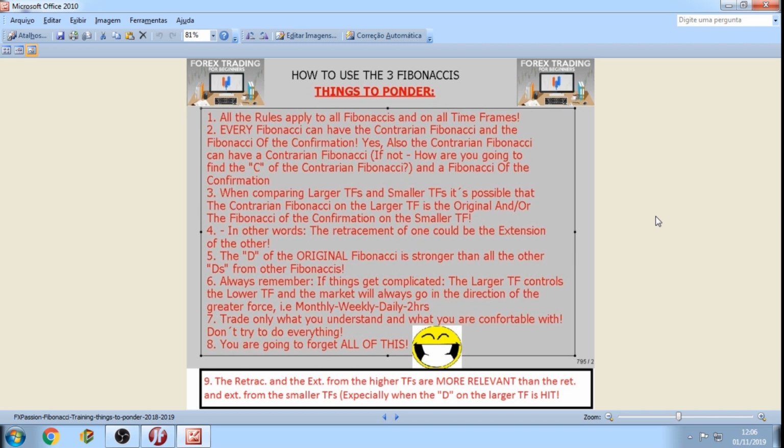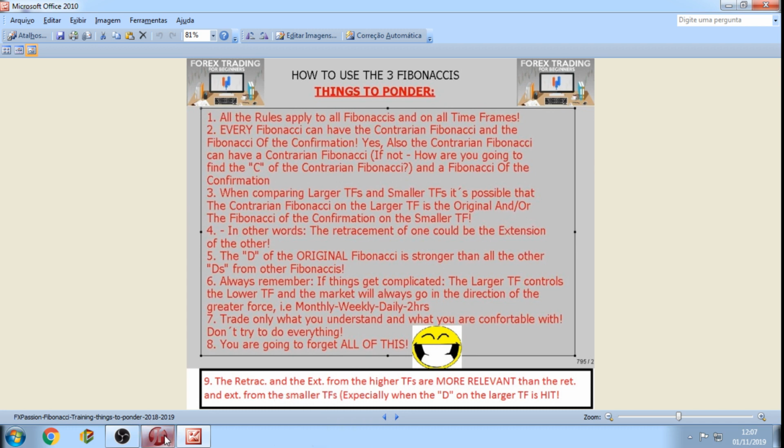But we add one more, number 9, the retracement and the extension from the higher time frames are more relevant than the retracement and extensions from the smaller time frames, especially when the market hit the D on the larger time frame.